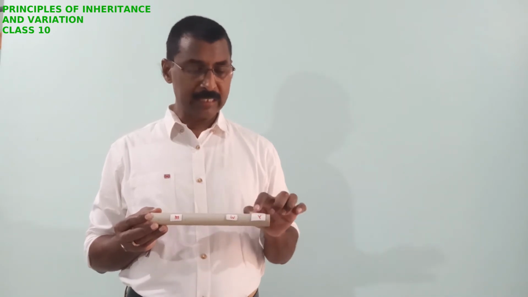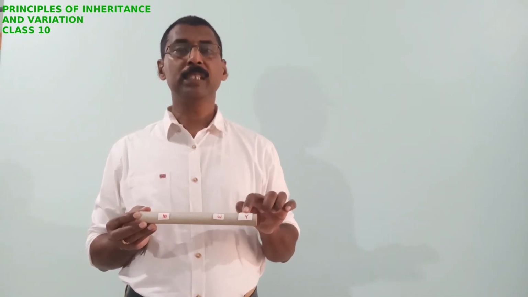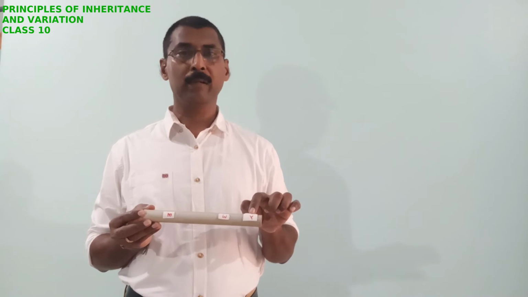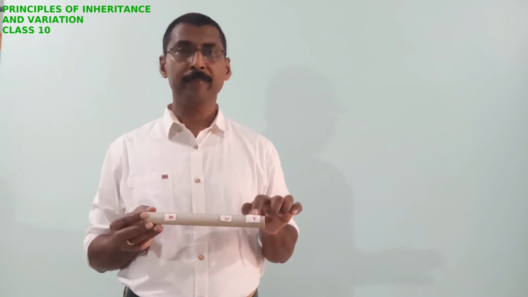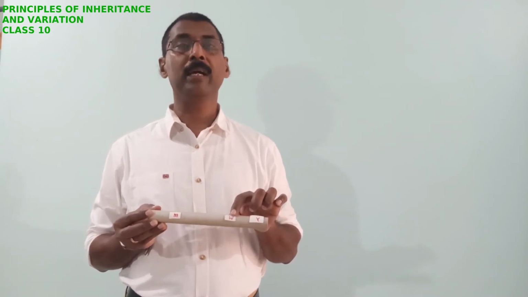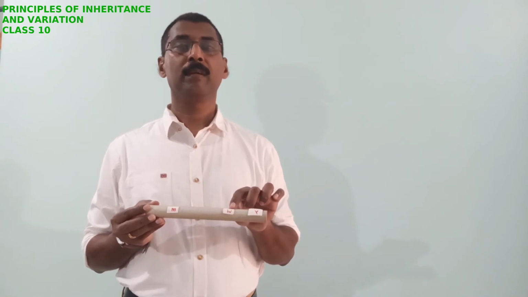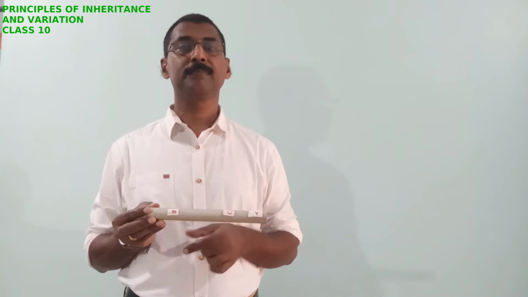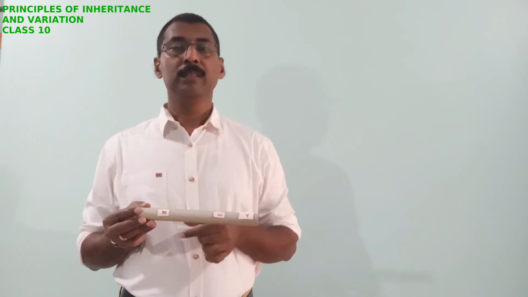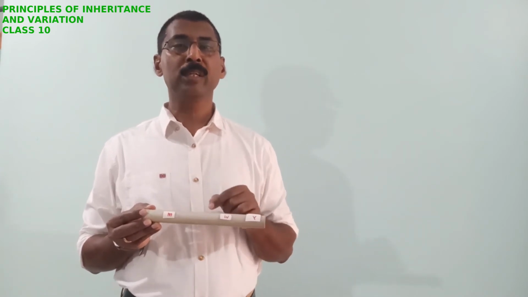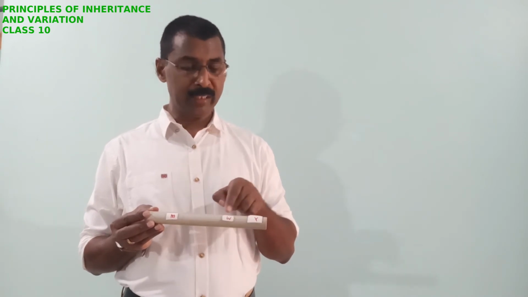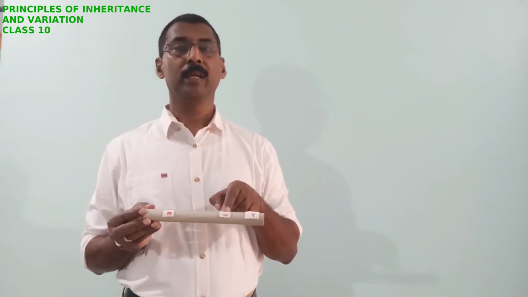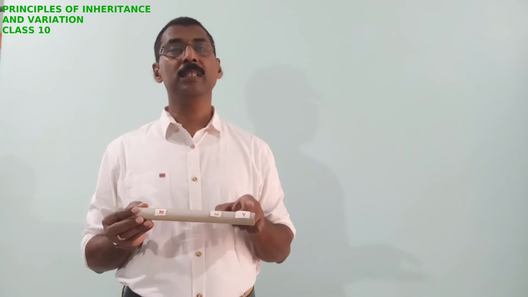Now you look at the distance. The distance between the gene for body color and the gene for eye color is very less. They are closely situated. So a chance for a crossing over to take place between these two genes, to separate these genes, is very less.